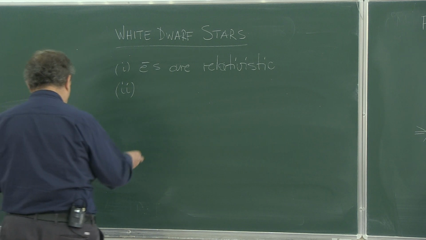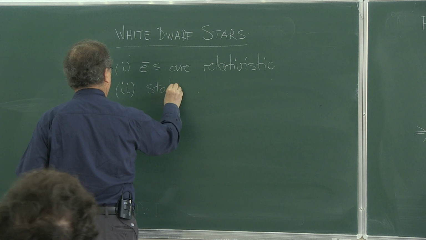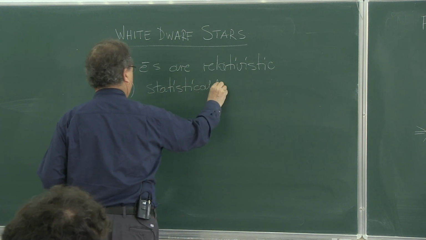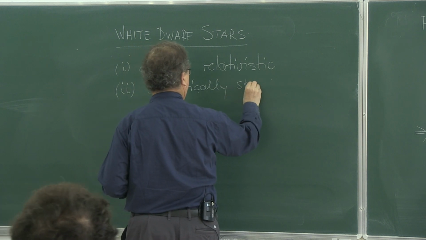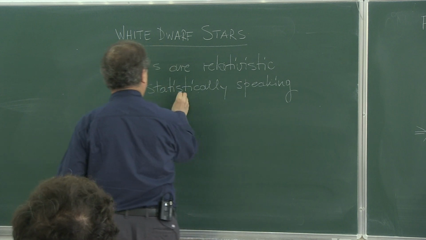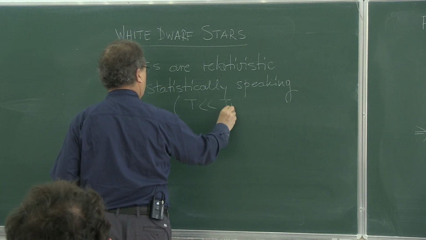So statistically speaking, that means T is very much smaller than TF.